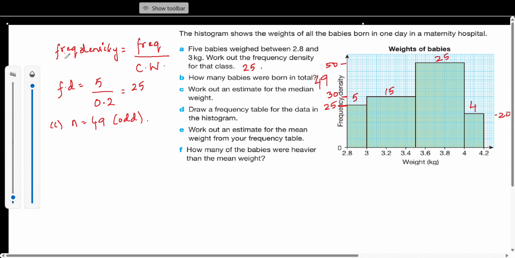When the total is odd, there will be only one median, which is the (n plus 1) by 2th item. So the 25th item is the median here, which means the value at the 25th position. So let us see how to calculate it now.